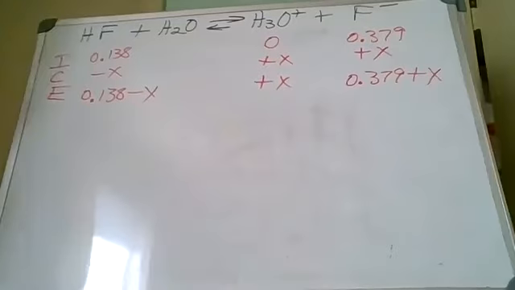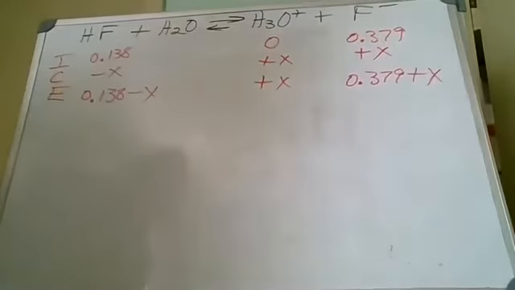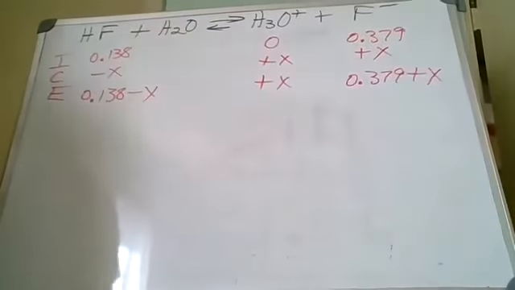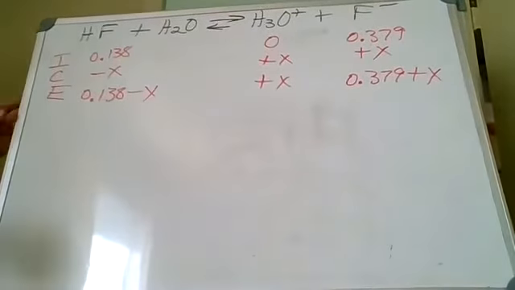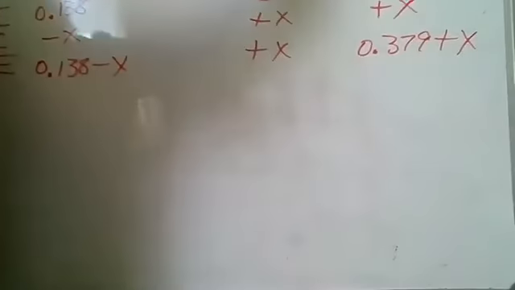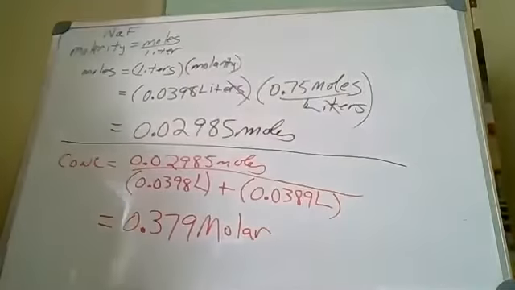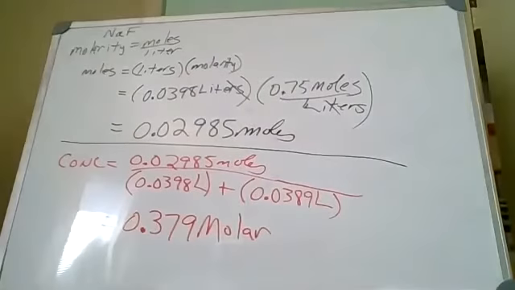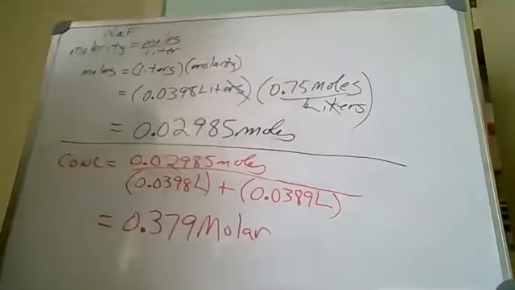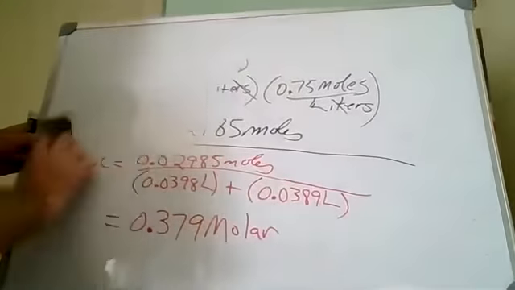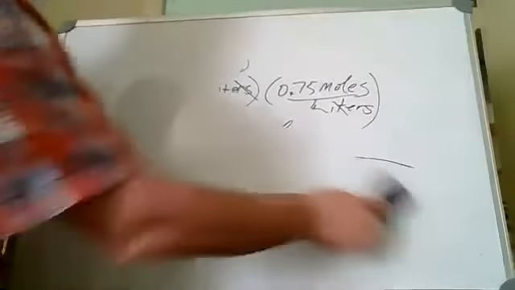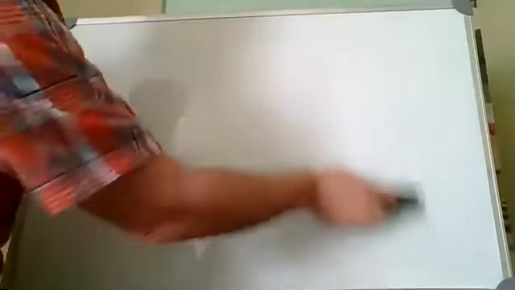Now we can set up our expression for Ka, and I think I'm going to go to the other board for that. All right, we don't need this anymore. So let's take a look here.